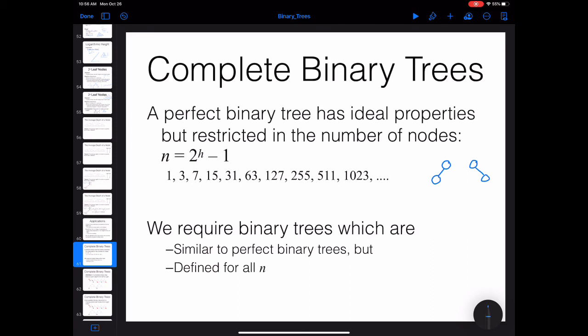If I have 4 nodes, can I create a perfect binary tree? No. In the best case, I'm trying to fill all the levels, right? But the tree is going to look like this. You can see that something is missing in the last level. So a perfect binary tree is a very restricted form of a tree.